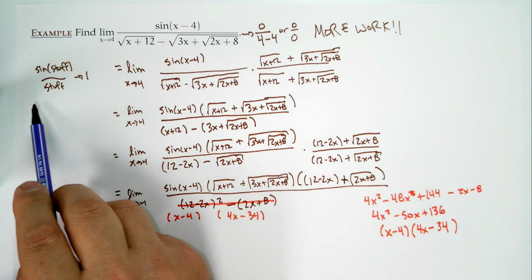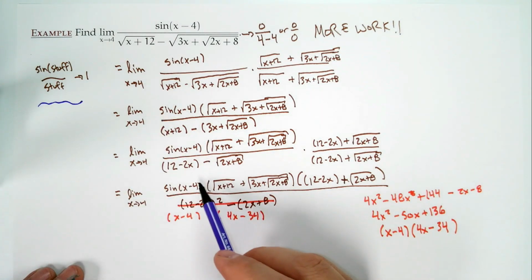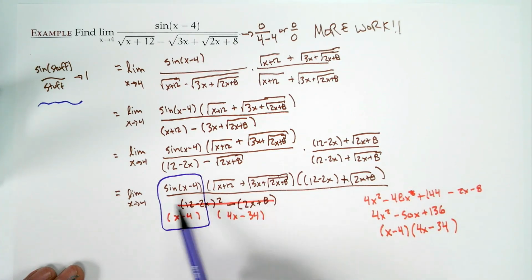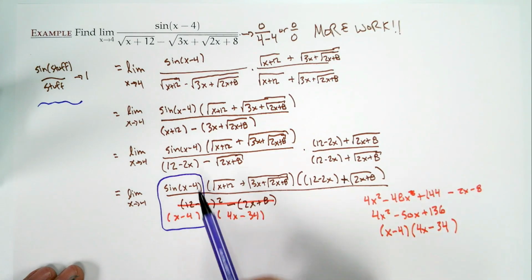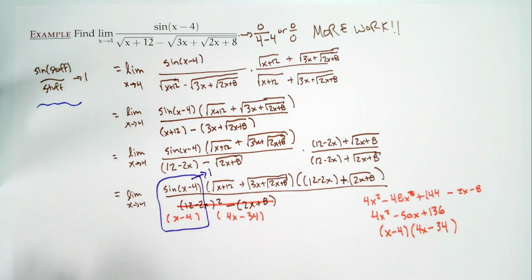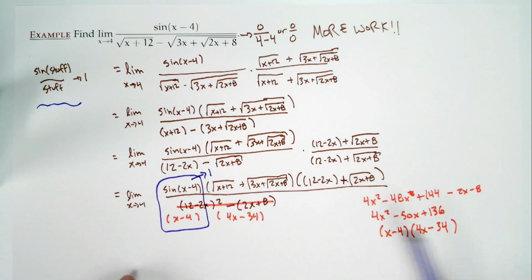Now, with that fact in place, here we're going to make our nice observation. Remember, our sine of stuff over stuff goes to 1 if we have something going to 0. And what do you have? Sine of x minus 4 over x minus 4. This is going to go to 1 because the x minus 4 goes to 0. Well, that means that now I just have to say what happens to everything else. And now we can plug in the 4.